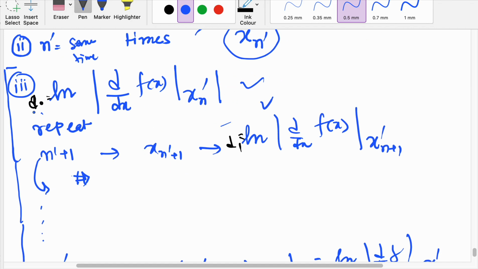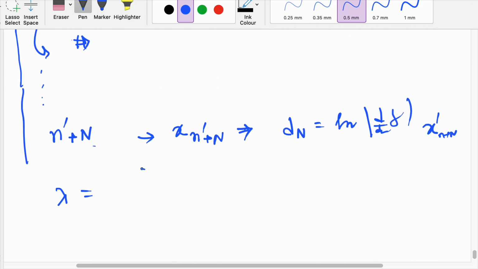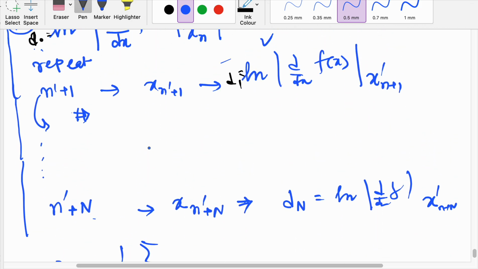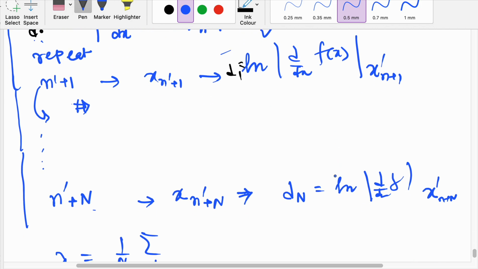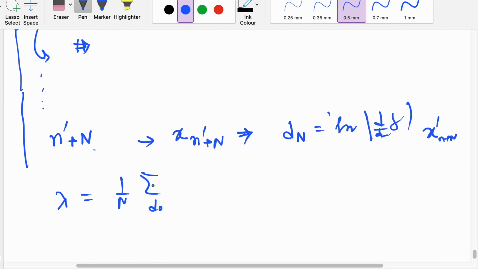So if we add all these things, it is 1 by n times the sum, i equal to 0 to n, of the modulus of di.